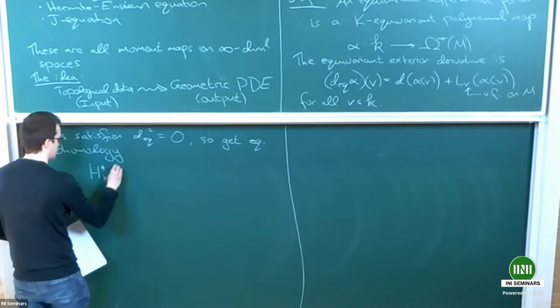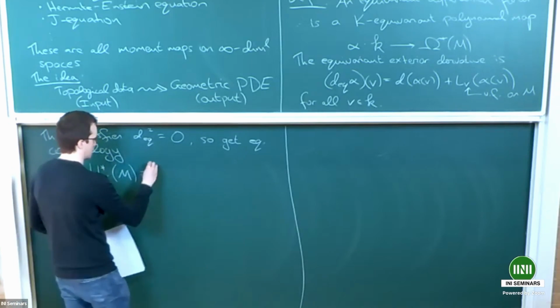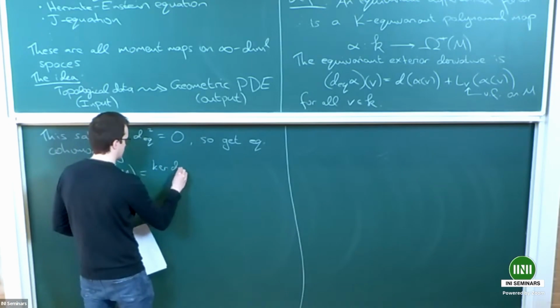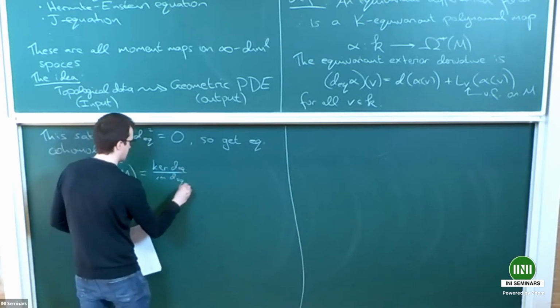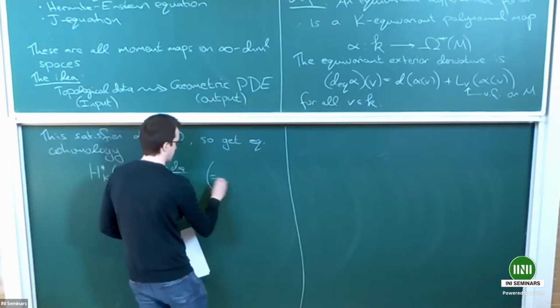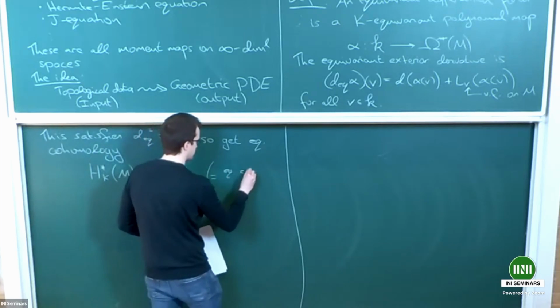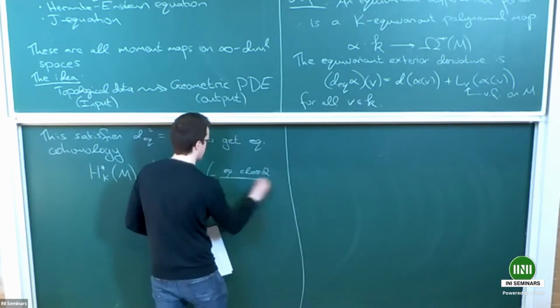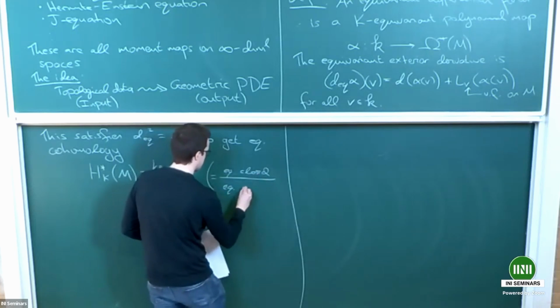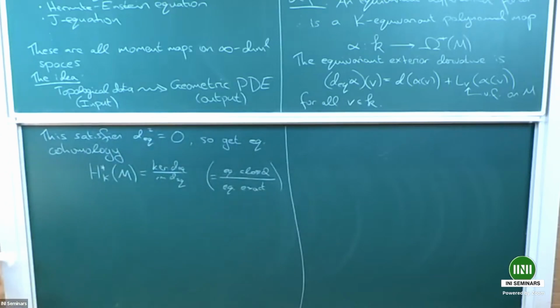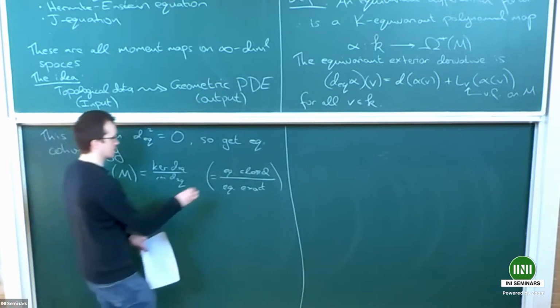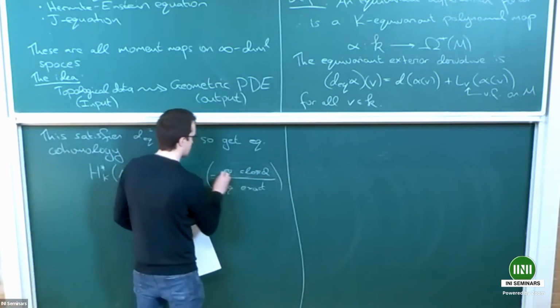It's just the kernel of d_K modulo the image of d_K. And this is equivariantly closed forms over equivariantly exact forms. The cohomology groups themselves won't be so important in this talk. What I'm really interested in is just the equivariantly closed forms, essentially.